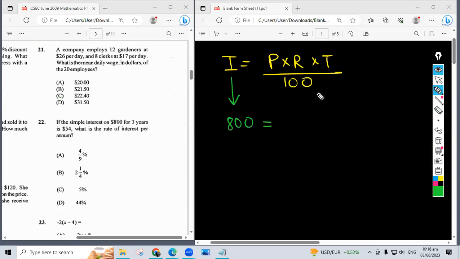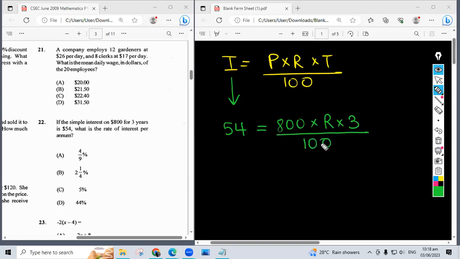What am I doing wrong here? If the simple interest, all right, the interest is $54. The principal is 800. We don't know the rate, but the time is 3 years over 100.